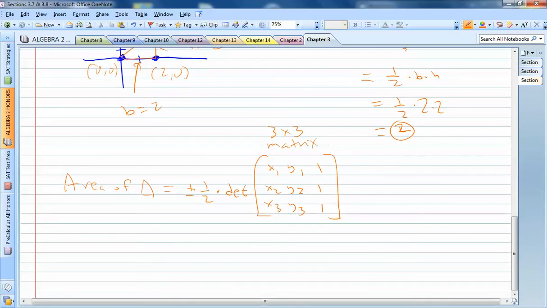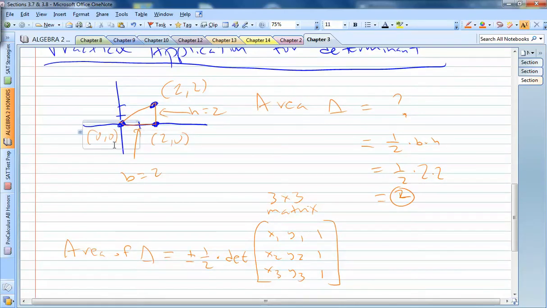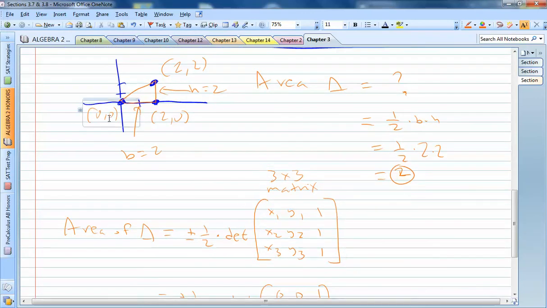Let's actually try this out. Plus or minus 1/2 times the determinant. And the order in which you write your points doesn't matter. So say we do 0, 0 as the first point, 2, 0 as the second point, and 2, 2 as the third point. So again, all I did was I took the coordinates of the corners, or vertices, of my triangle, one of the points plugged in for x1 and y1, one of the other points plugged in for x2 and y2, one of the other points plugged in for x3 and y3.